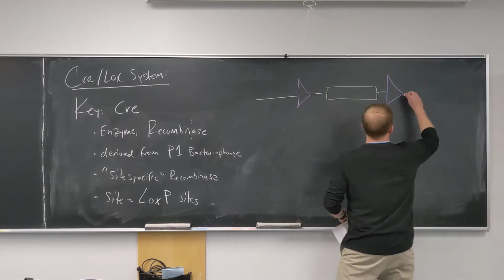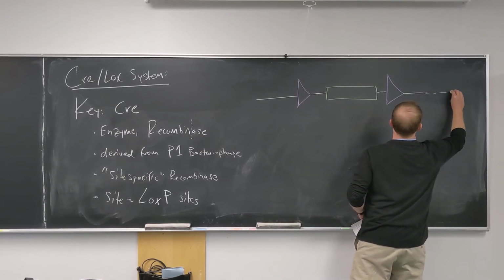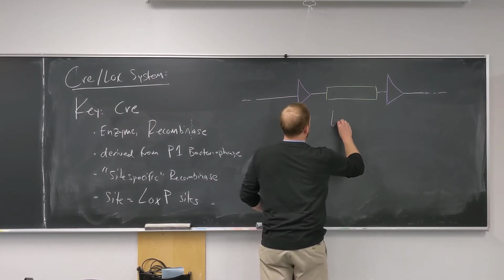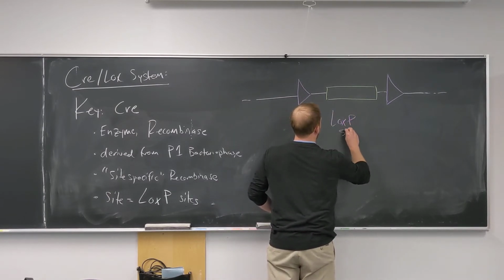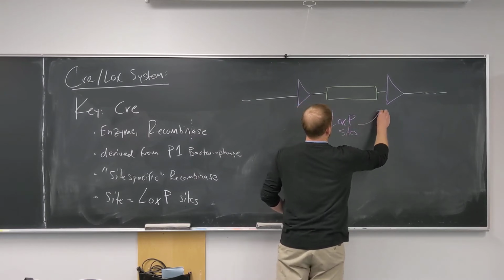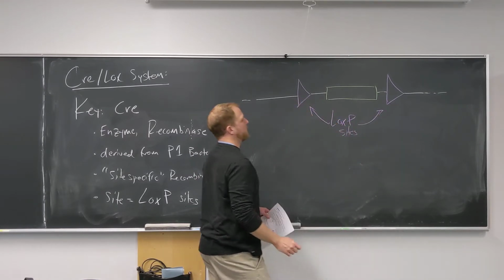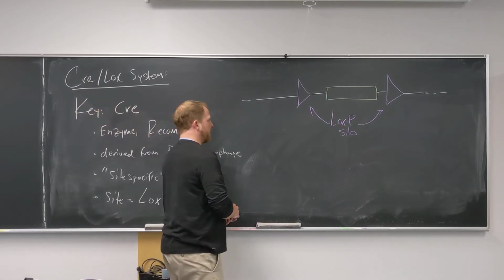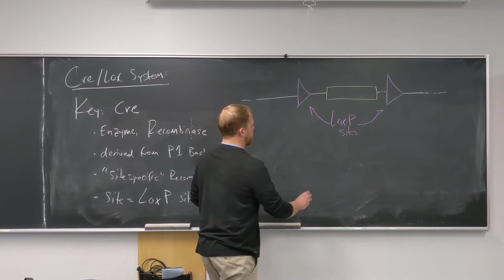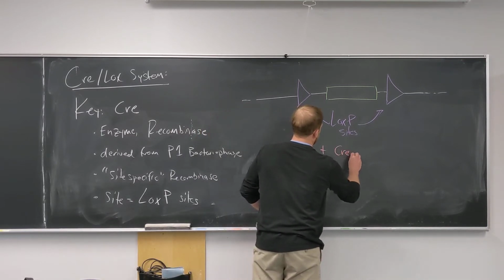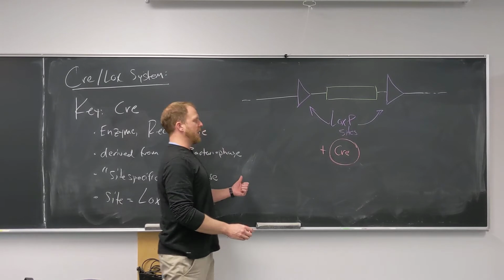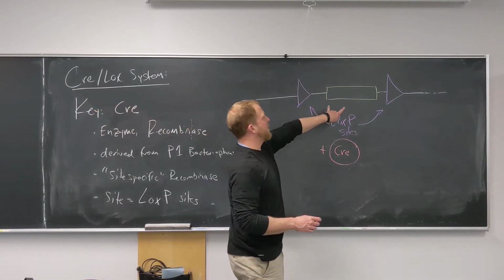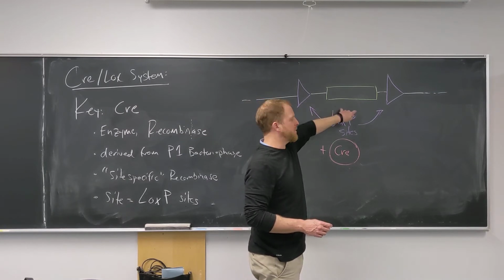So these are the loxP sites, here and here. And the way this Cre-Lox system works is that if you take this system and you introduce Cre, which is a protein, a site-specific recombinase, it's actually going to recombine out the DNA in between the loxP sites.